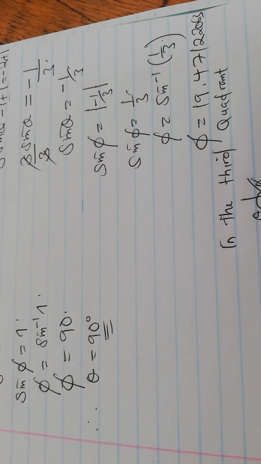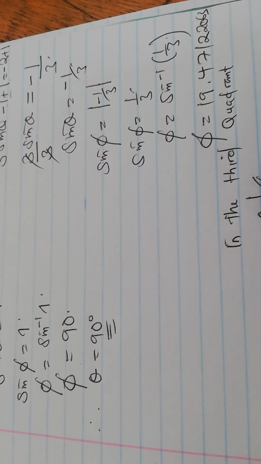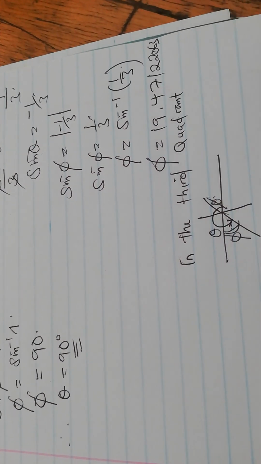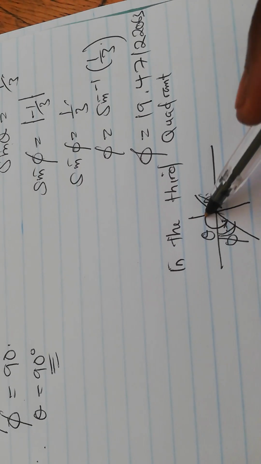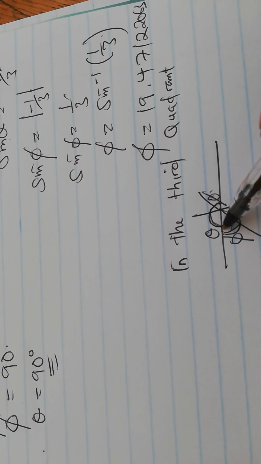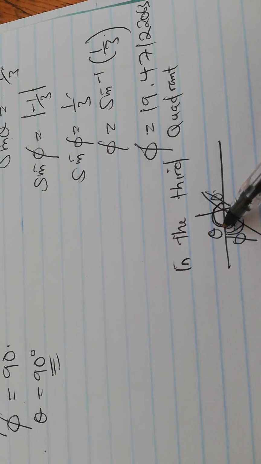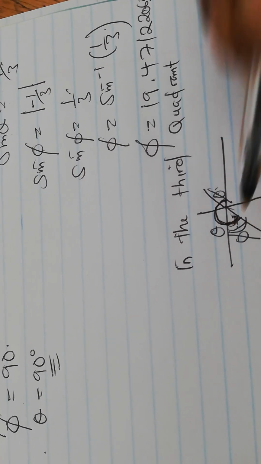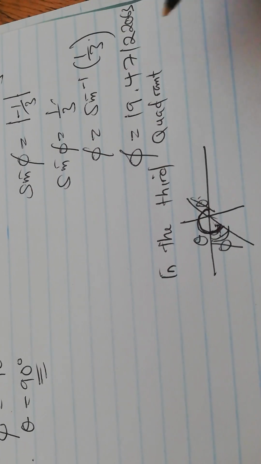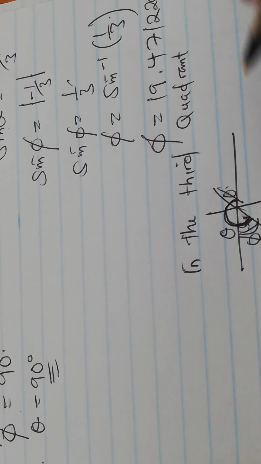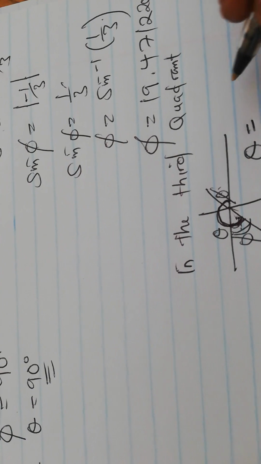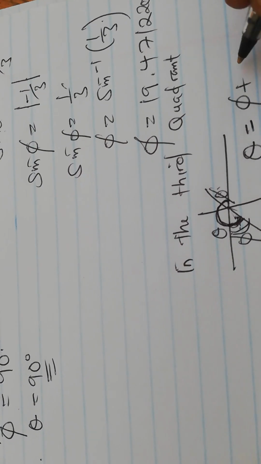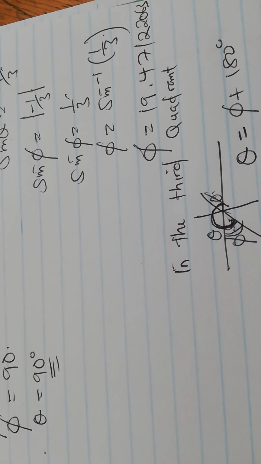And this angle here is also equal to alpha. These are vertically opposite angles. So in the third quadrant, what is this angle? This angle is 180, because from there up to there it's 180, then plus the alpha which we have here. So in the third quadrant, theta is going to be equal to alpha plus 180 degrees.